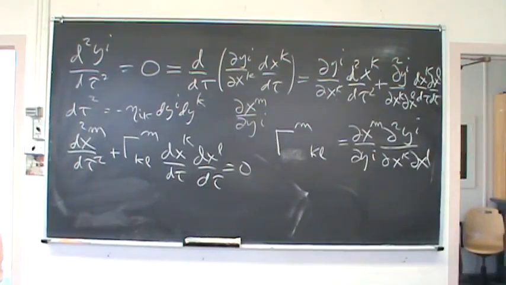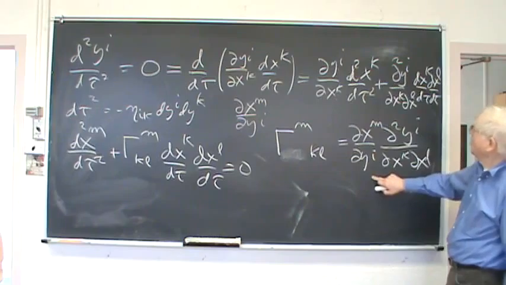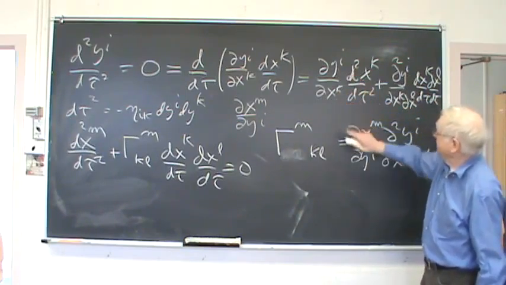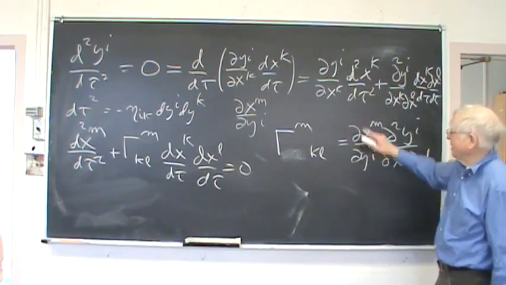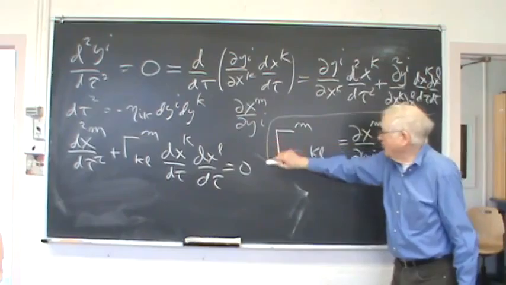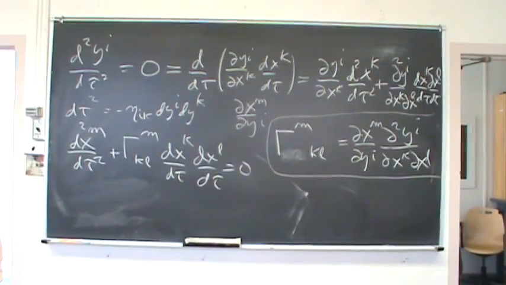That's what the gamma is, because we multiplied both sides by partial xm partial yi, and that hit this term. Here it gave us a Kronecker delta, but over here it gives us a complete expression for the affine connection, as people call it.